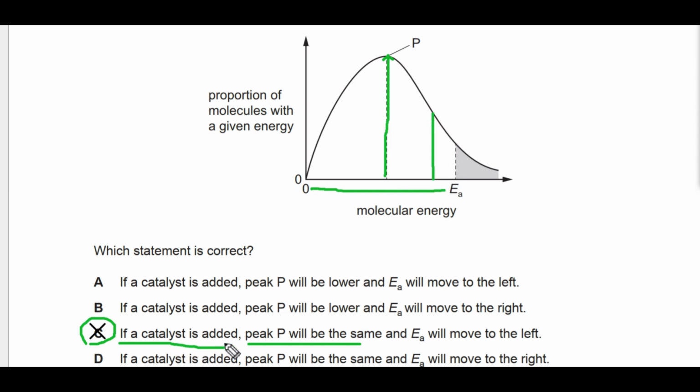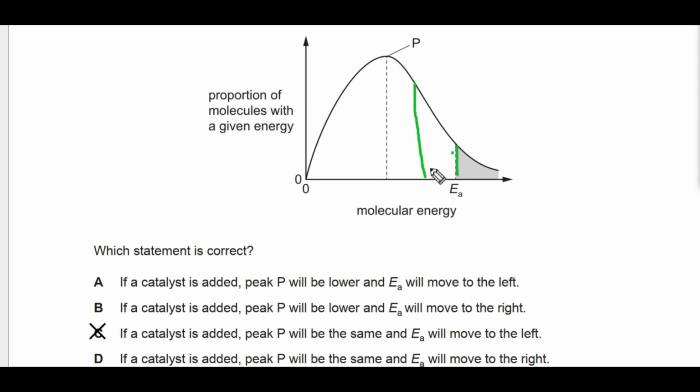If a catalyst is added, peak P will be the same, and EA, the activation energy, will move to the left, because catalyst decreases the activation energy. So if you don't use a catalyst, the activation energy is from this to this; if you use a catalyst, this activation energy decreases. So this line will move to the left.